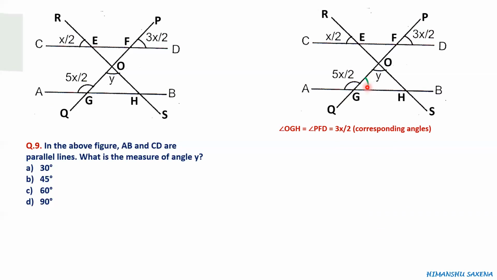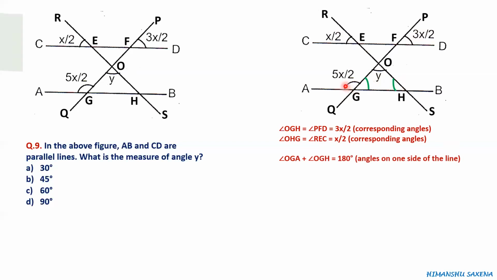So please understand, corresponding, vertically opposite, alternate angles, they are very important angles. So these two are equal because these are corresponding angles. So this angle would be 3x by 2, right? Now similarly, this particular angle is also equal to this because these are also corresponding angles. So this angle is equal to x by 2.